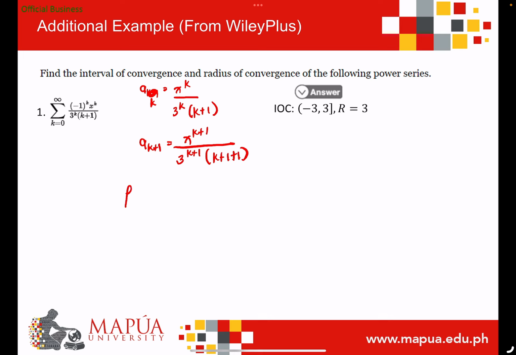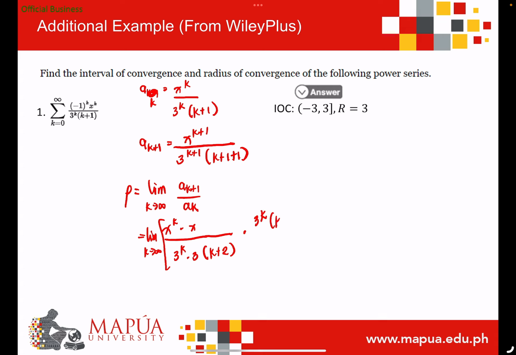So we solve for rho, which is the limit of a sub k plus 1 over a sub k as k approaches infinity. So it would be the limit as k approaches infinity of x raised to k times x over 3 raised to k times 3 times k plus 2, times the reciprocal of a sub k, which is 3 raised to k times k plus 1 over x raised to k.